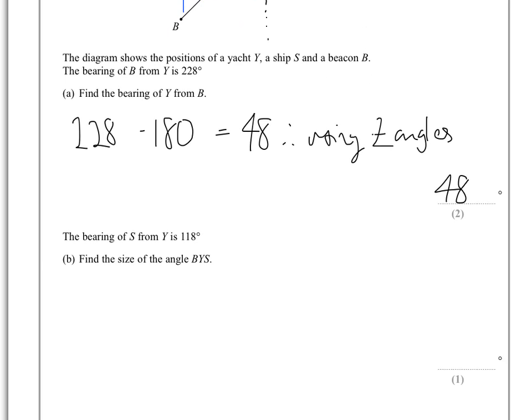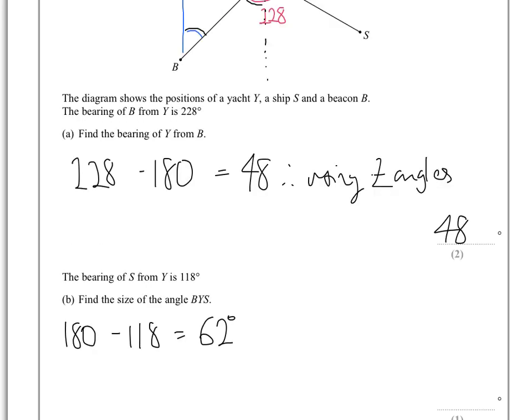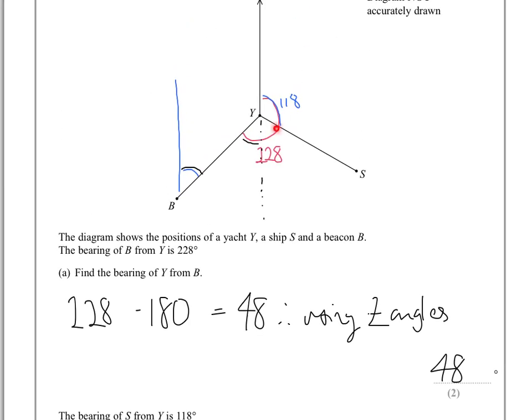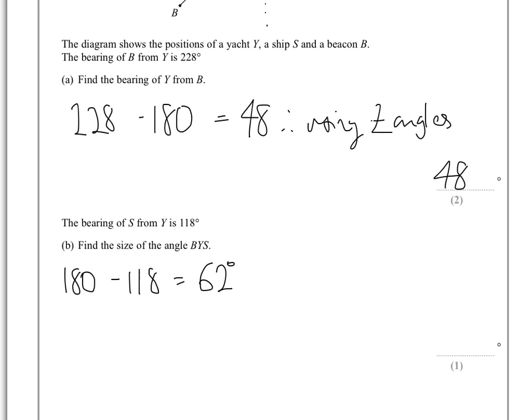So 180 minus 118 will give us 62 degrees. So what we now know is that this bit here is 62, this bit here is 48, so that means that middle angle, if we add that to the 48 degrees, we're going to get our answer of 110.